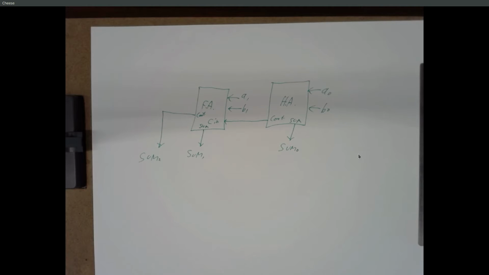The sum is 0, the carry out is 1. 0 plus 1, the sum is 1, the carry out is 0, and 1 plus 0 is exactly the same thing. So it's a 2-input truth table, 4 rows. You write down the values for the sum and the carry out, and then you go ahead and find equations, simplify, build a circuit. And the full adder is almost the same, except it's got a third input, which is carry in.